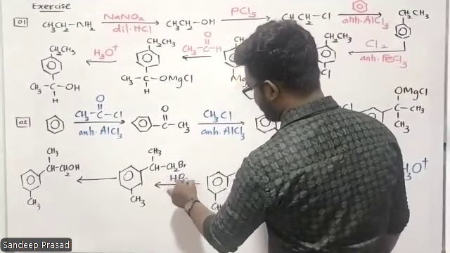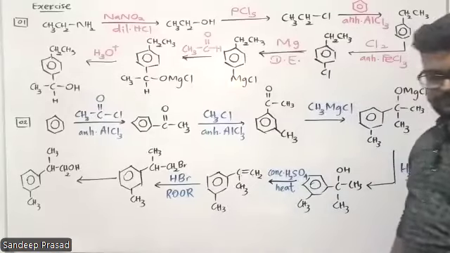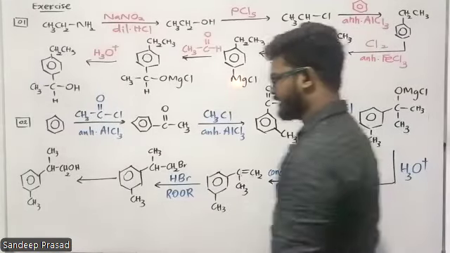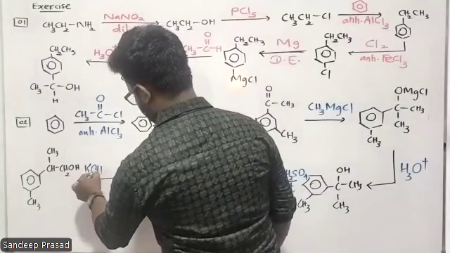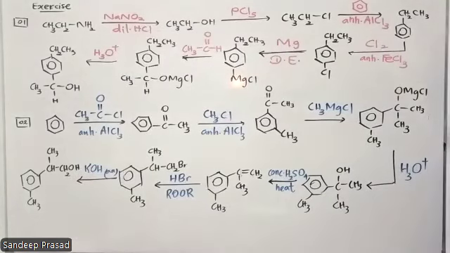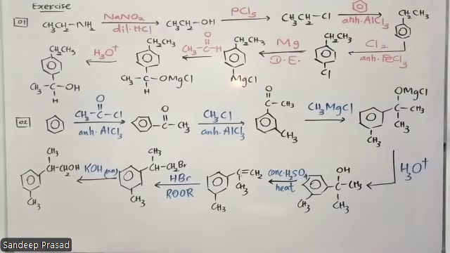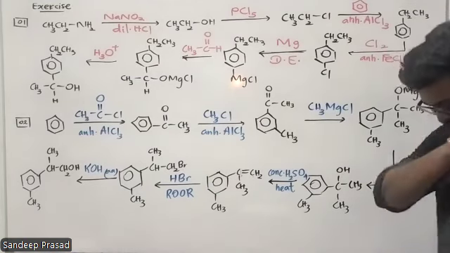Then HBr is added in the peroxide medium, ROOR. And Br converted into OH means this is aqueous KOH. So this is the second one.